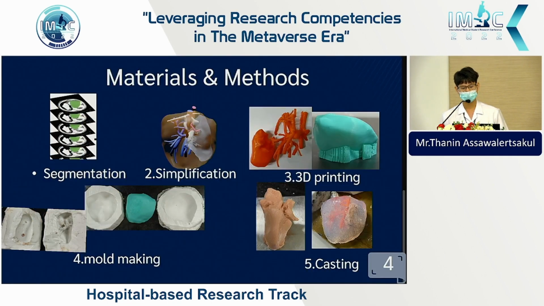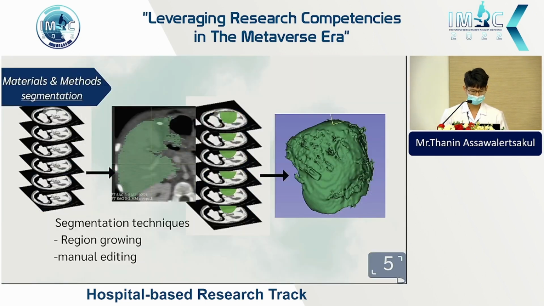The method includes segmentation, simplification, 3D printing, mold making, and casting. The segmentation technique is the process where we use the CT scan and separate the organ that we want from the CT image to become the 3D model.